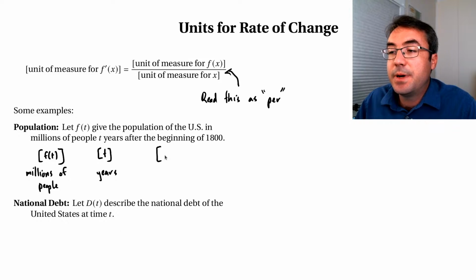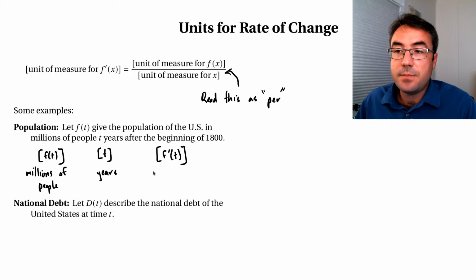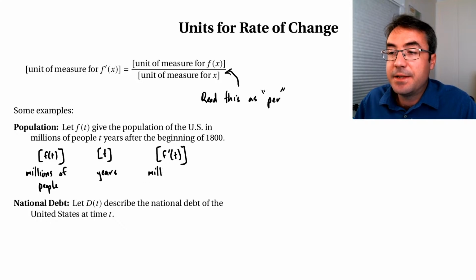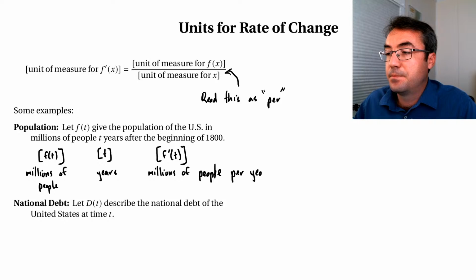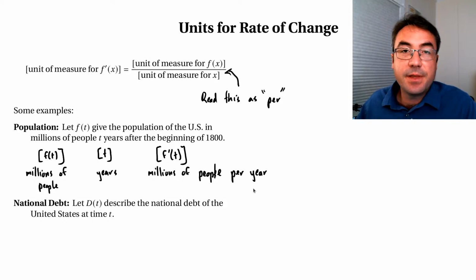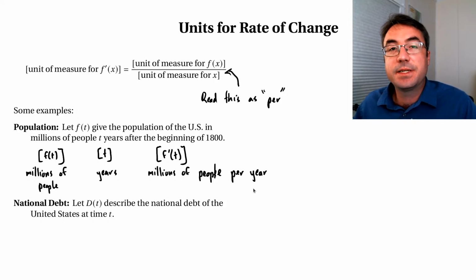And so the units of measure for f prime of t we read as millions of people per year. Same thing that we saw in our national debt example.